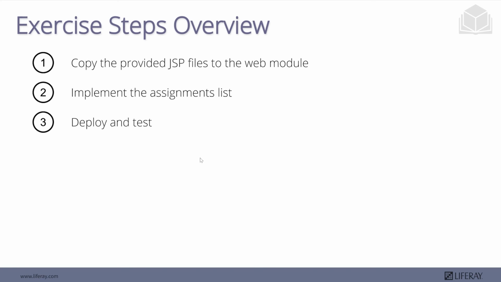We're going to create or copy over the JSPs into our gradebook web module. We'll then use the Liferay UI tag library to create a container that will display our assignments. Once we do that, we'll go ahead and deploy and then test it out. So let's go ahead. We'll head over to Liferay Developer Studio and take a look at what this looks like.